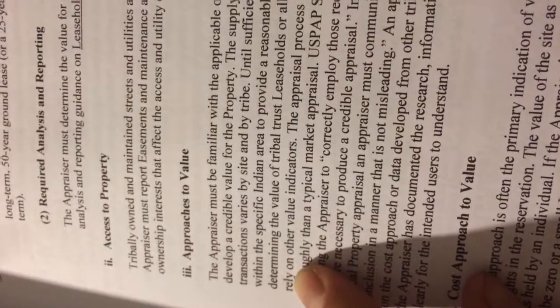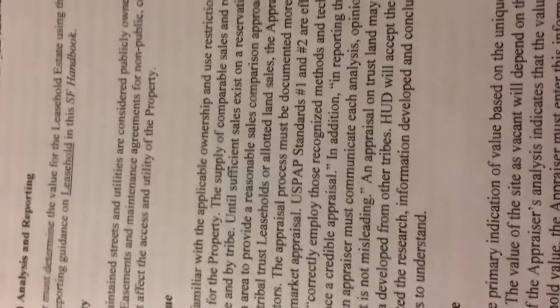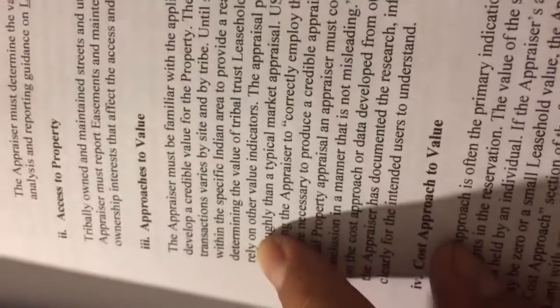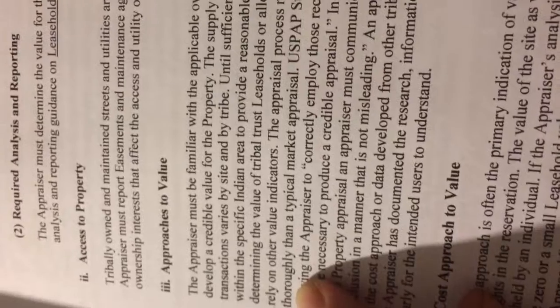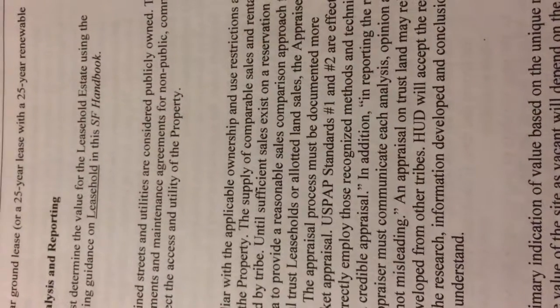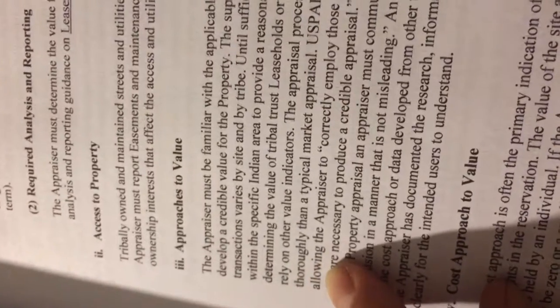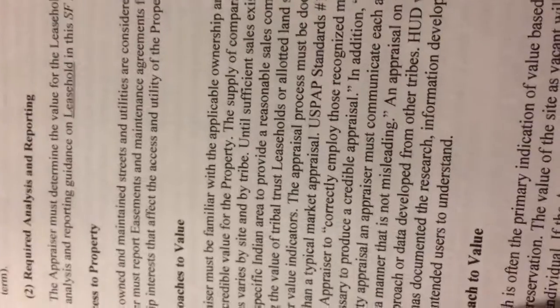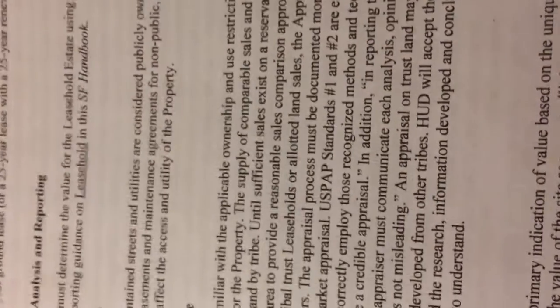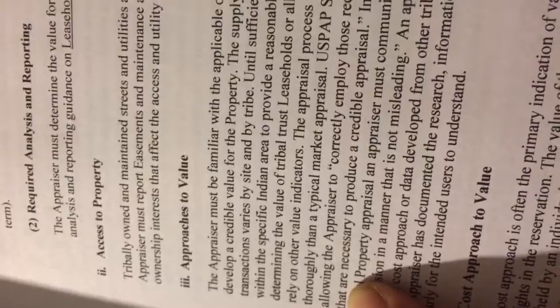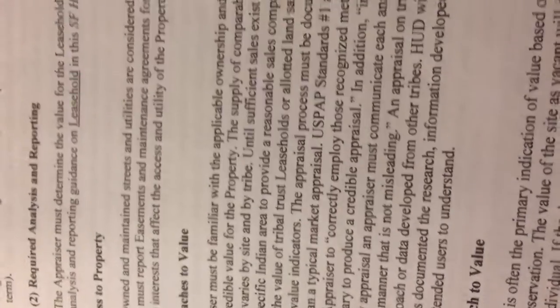The appraiser must rely on other value indicators. The appraisal process must be documented more thoroughly than a typical market appraisal. USPAP standards number 1 and number 2 are effective in allowing the appraiser to correctly employ those recognized methods and techniques that are necessary to produce a credible appraisal.